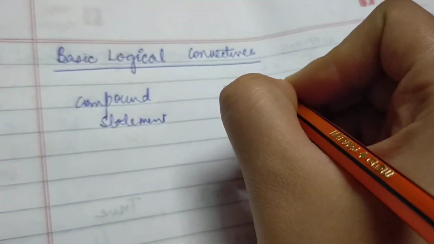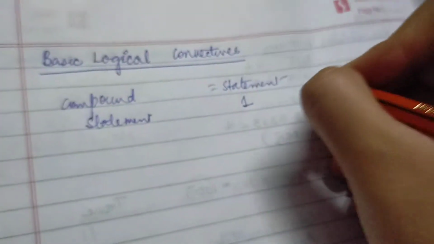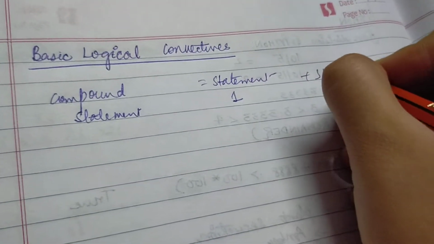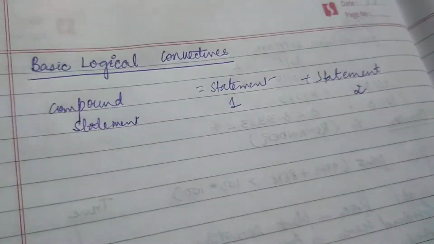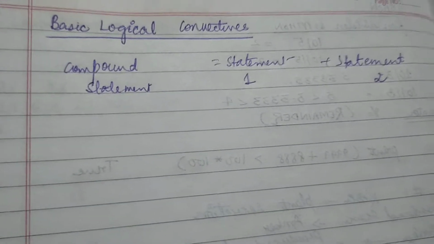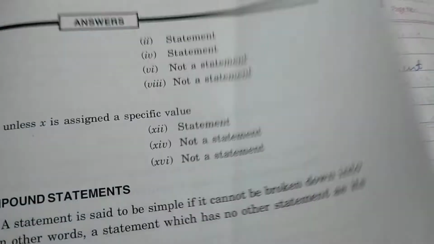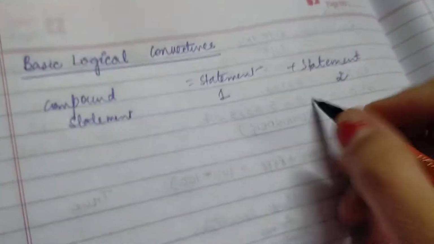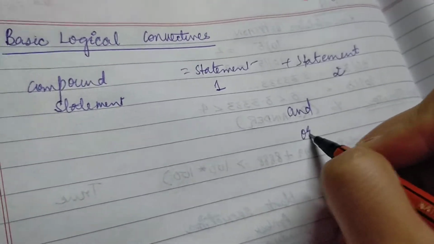A compound statement is a combination of two or more statements, like statement 1 plus statement 2. Statement 1 and statement 2 can be joined by and, or.